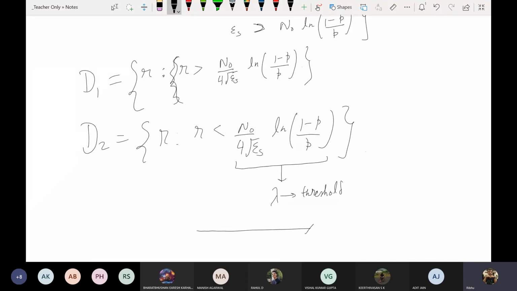This line, this minus root E_s, root E_s. Okay, this is what we get. And this, it'll change all the colors and then get back to black automatically.